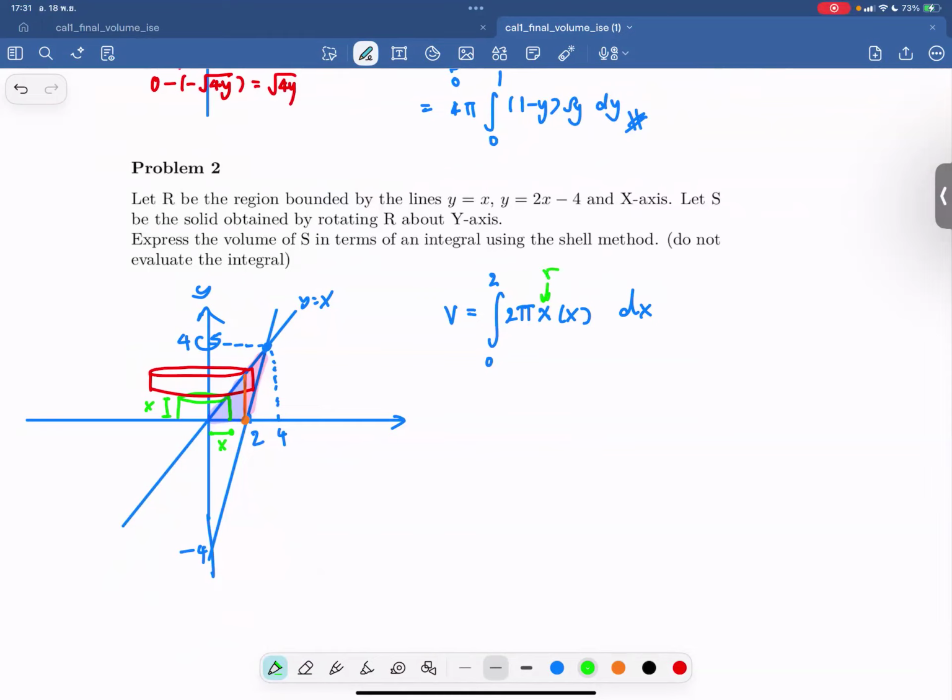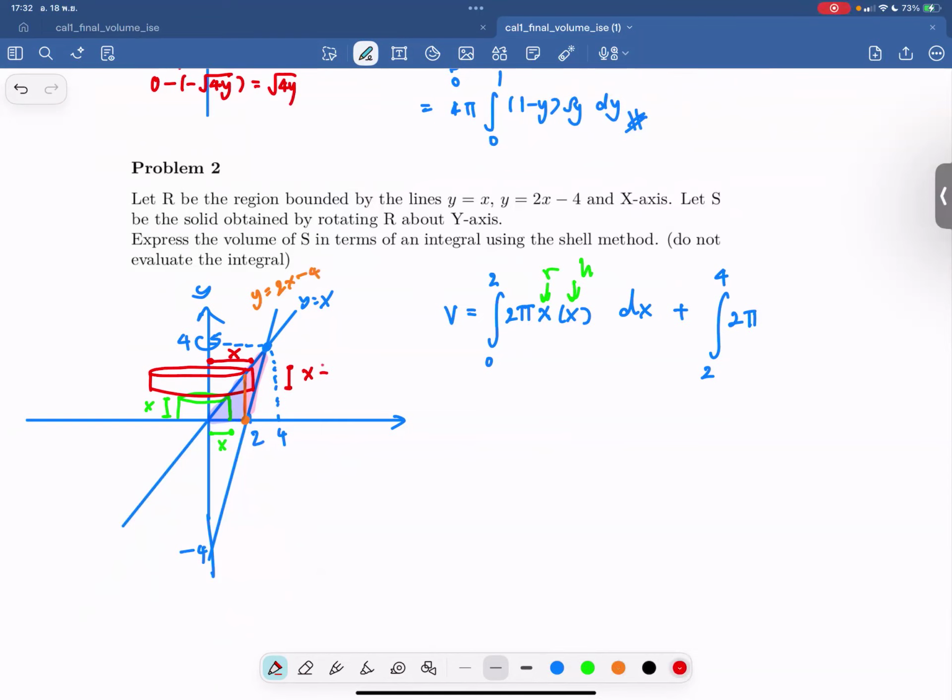Radius, height, and then plus the volume of the rotation of the pink area. So the boundary should be from 2 to 4, and then 2 pi, and the radius of the cylinder is x, but the height should be x minus the lower function, and the lower function is y equal to 2x minus 4.